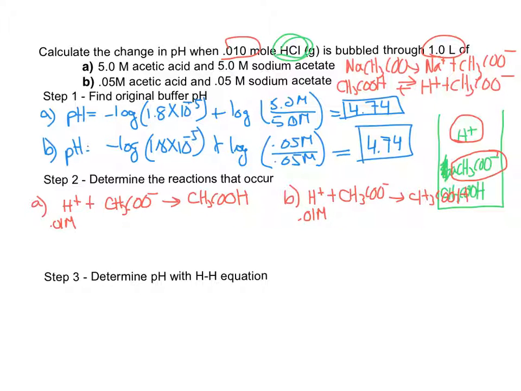I'm adding 0.01 molar of the H plus or the HCl. For my first buffer in A, my concentrations of the acetic acid and the acetate are both 5 molar. So this is going to be 5.0 molar, and this is 5.0 molar. For B, both of them are 0.05 molar.